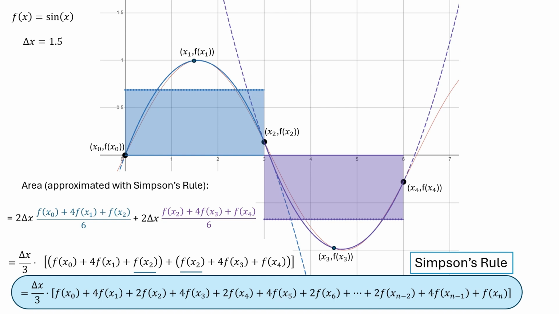The formula is delta x over 3 times a bunch of f of xi's where the coefficients inside the brackets are 1 for x0 and xn, the first and last x values, 2 for every other even indexed x value like x2, x4, and so on, and 4 for every other term.